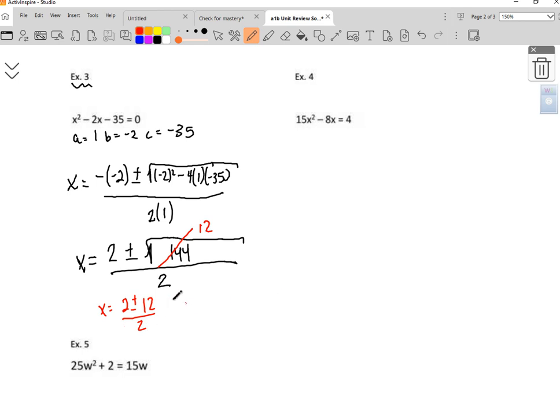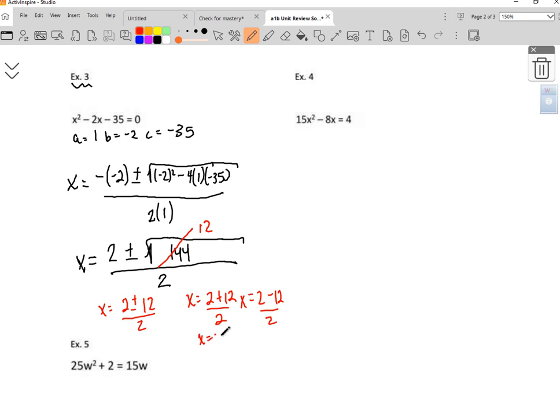And now we're going to write two equations, right? Because remember, the plus and minus tells you to write two equations. So x equals 2 plus 12 divided by 2, and x equals 2 minus 12 divided by 2. And you can do that on your calculator as well. 2 plus 12, don't forget to hit the equal sign here though, divided by 2.